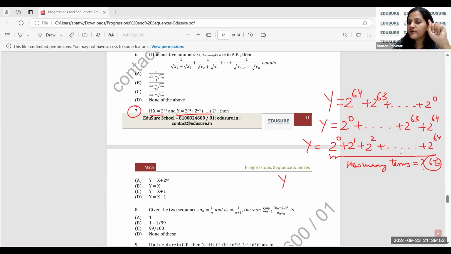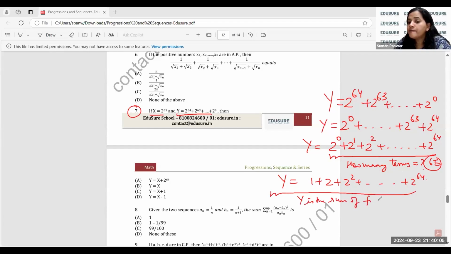2 की power 0 is 1. 1 plus 2 plus 2 square plus 2 to the 64. So what is y? y is the sum of first 65 terms of a GP whose first term is a equals 1 and common ratio is 2.